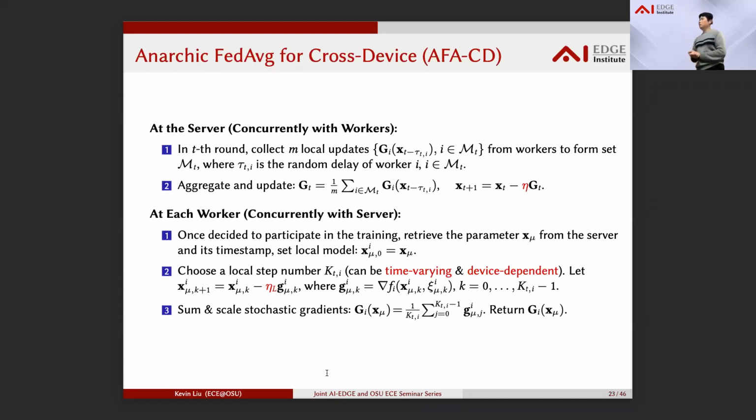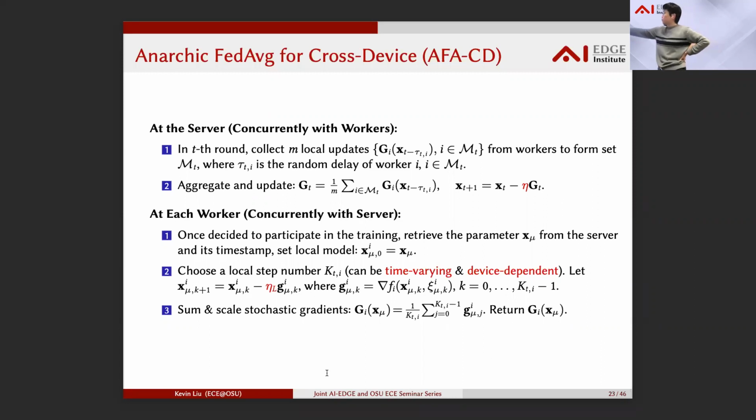Meanwhile, at each worker, and this is actually concurrent with the server, once each worker decides to participate in the training, the worker will retrieve the current parameter, let's call it x_τ, from the server, along with the timestamp. It sets the local model initial value as the following, and then it will do the local updates with this K_t^i steps.